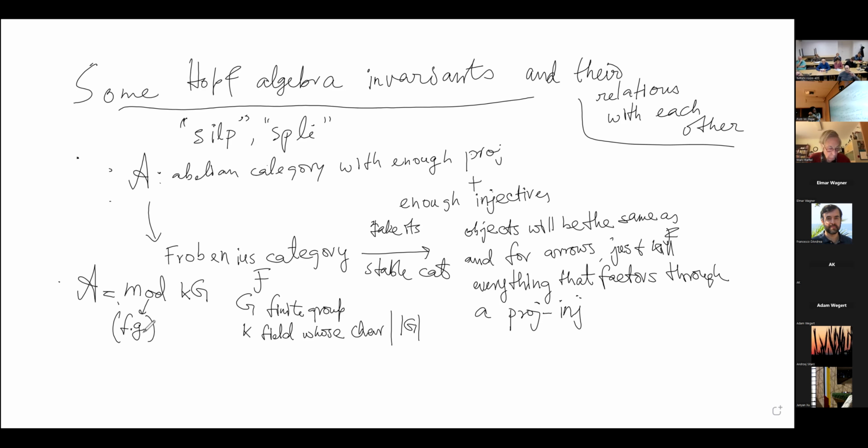Then my mod KG itself is a Frobenius category, and I can do this stable category construction straight away.